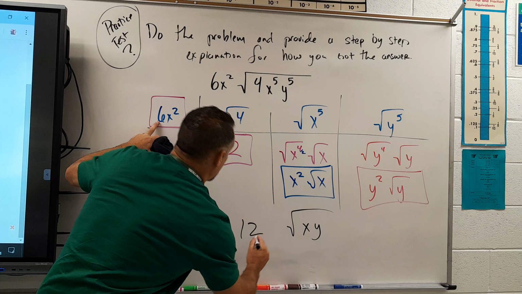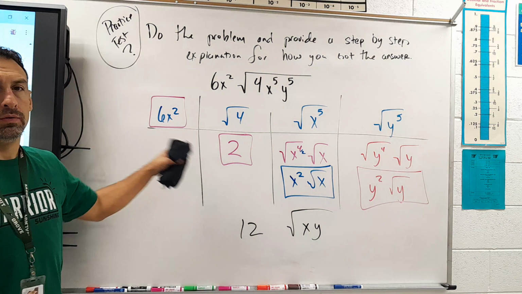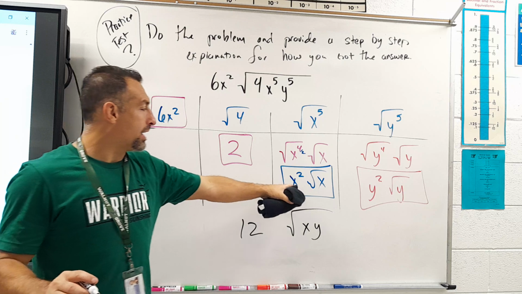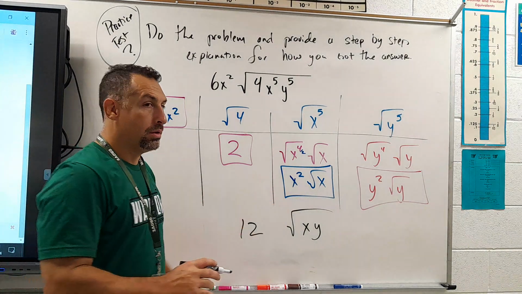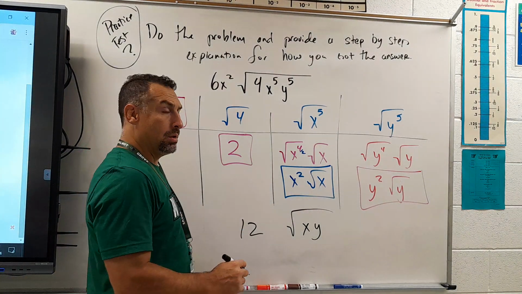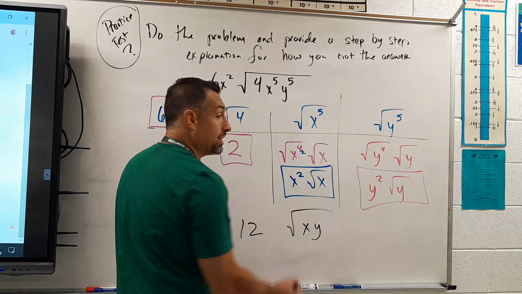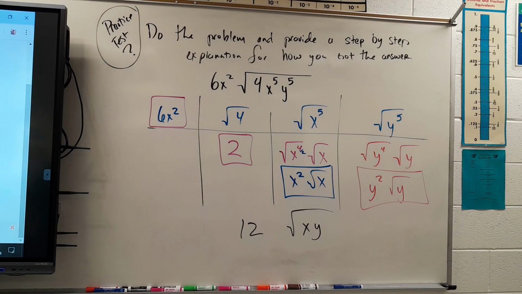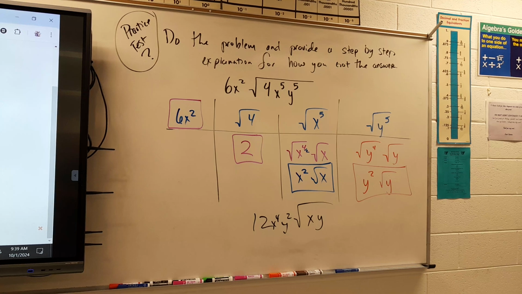Just a 12 for the numbers. Then x squared and x to the 5. There's our final answer.